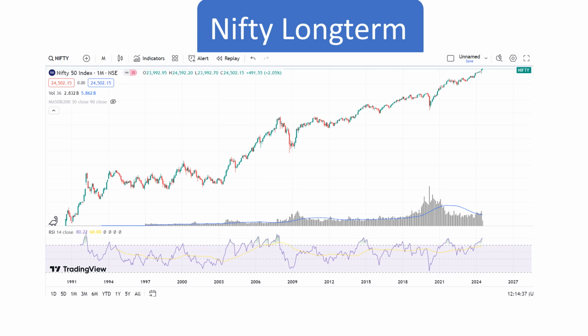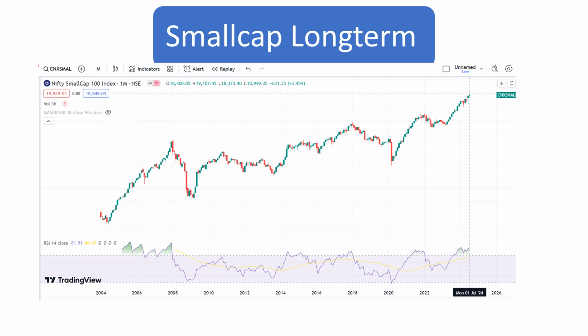So this is Nifty. Here the volatility is not that high, but let's say you look at the small cap index for the last 20 years. Here the volatility is crazy. The moves are also like a very strong up move followed by a very strong correction as well, right? So this keeps on happening, especially in small and medium cap stocks, right?